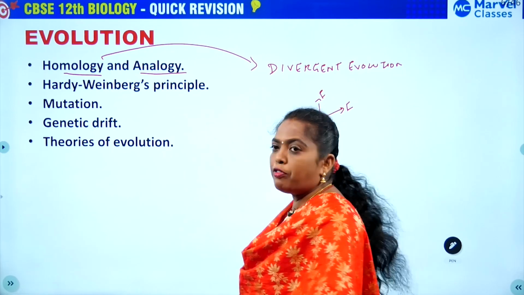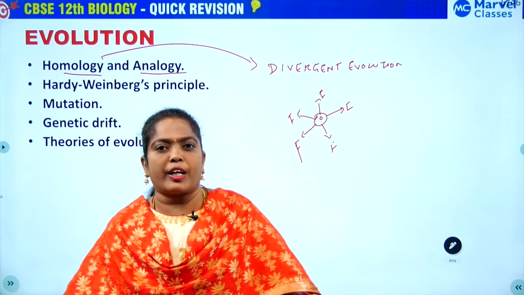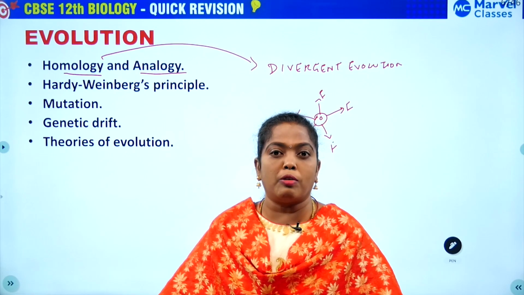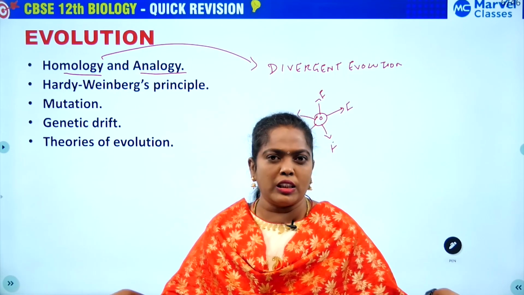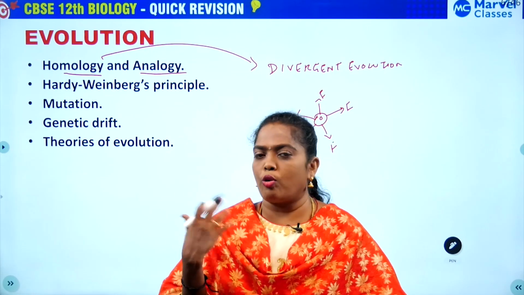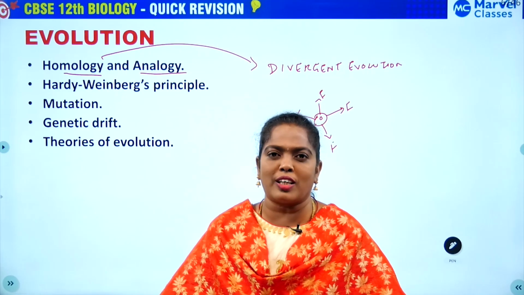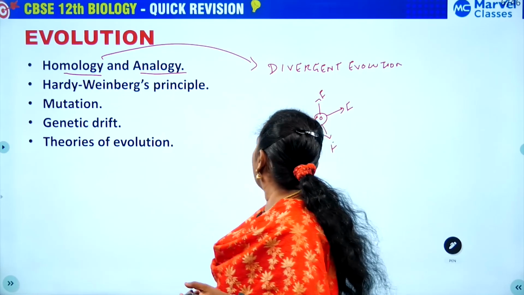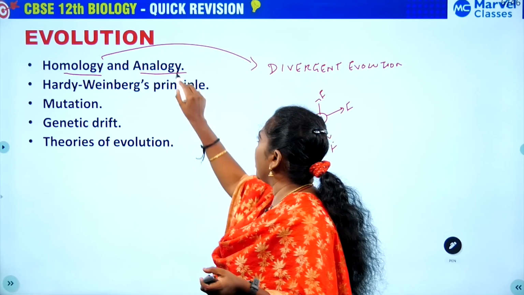For example, the forelimb of a cat helps it to walk, isn't it? The forelimb of a bat, the origin is the same, mammal, but in the bat it helps in flying. And the forelimb of a human being, we use it for writing, grasping something and all. So like that, same origin, different function.